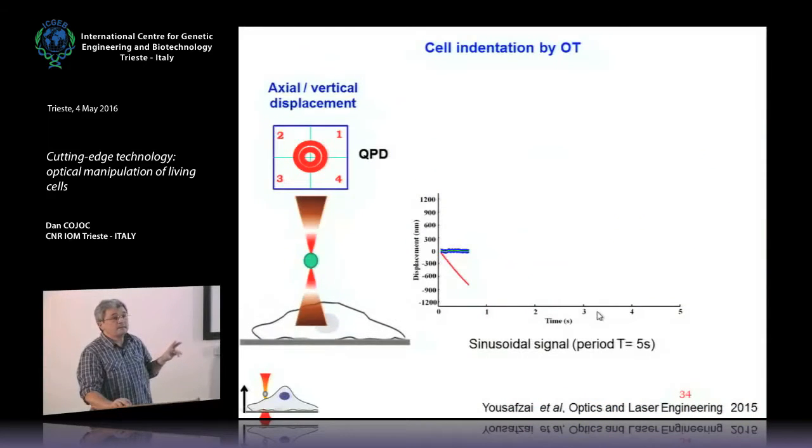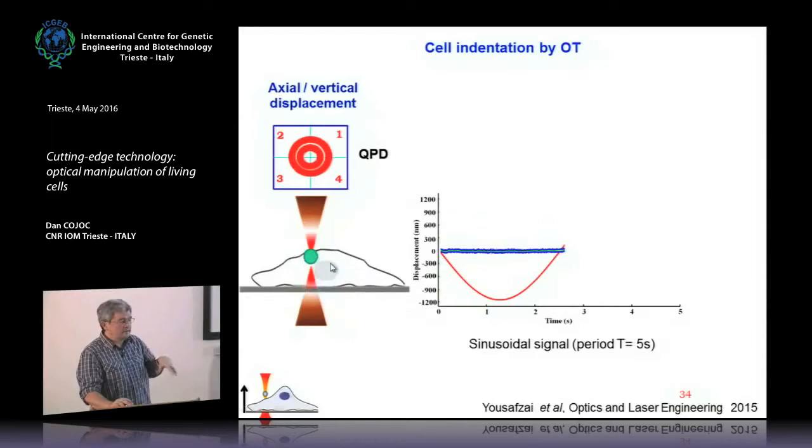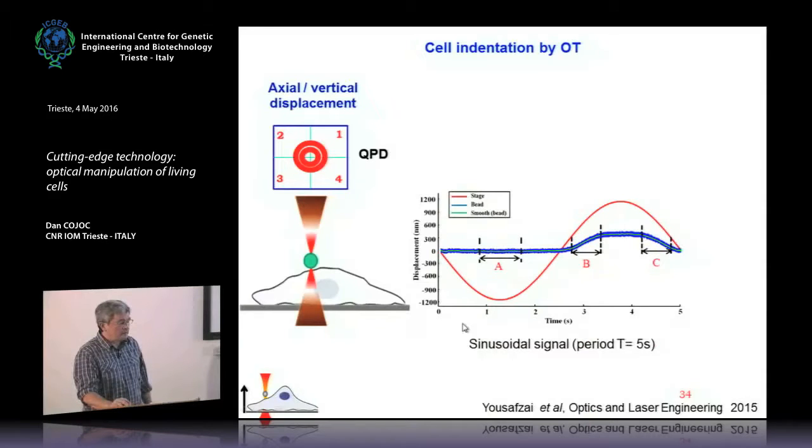The principle is the same as in AFM. So we have the bead in the trap, we move the stage down and the cell, and then up, we intercept the bead and we indent the cell. From these regions, B and C, we have the indentation and the retraction regions.